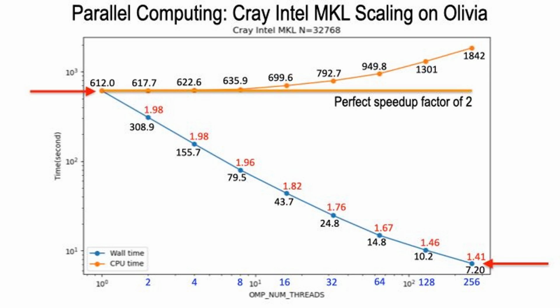The scaling analysis reveals that a computation requiring 612 seconds on a single core is reduced to 7.20 seconds on 256 cores, resulting in a speedup of about 85, which remains below the ideal speedup of 256.